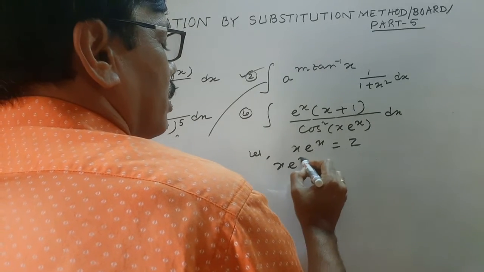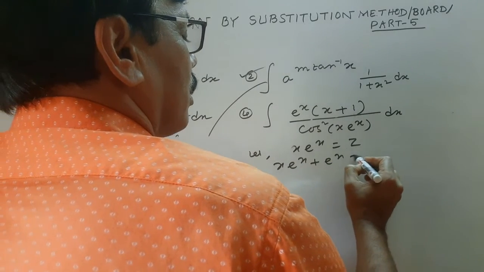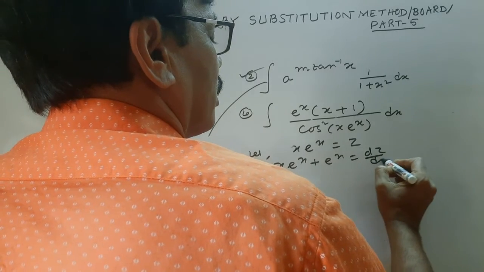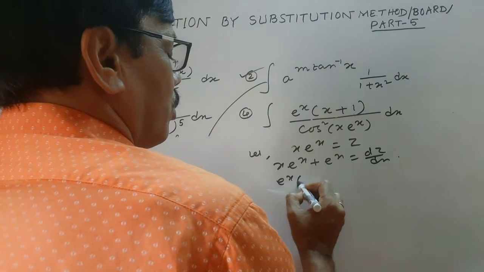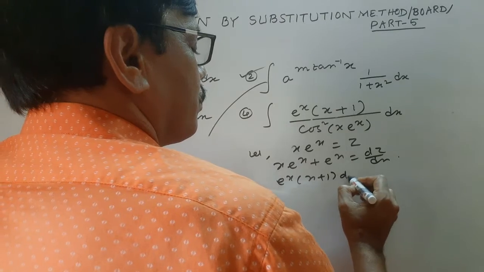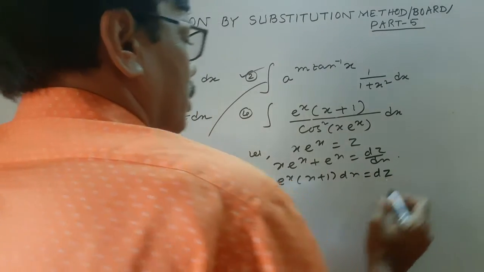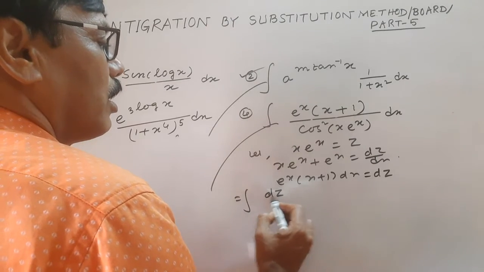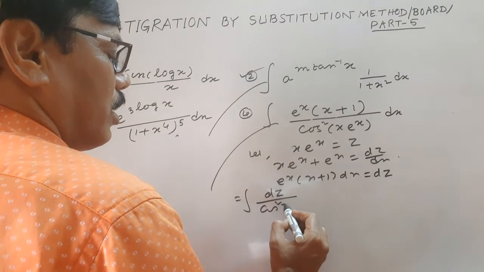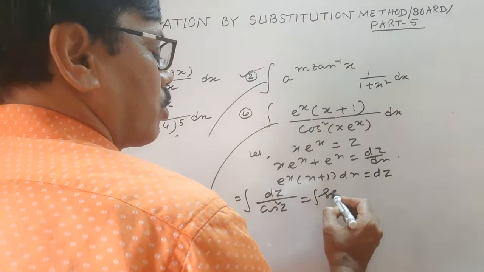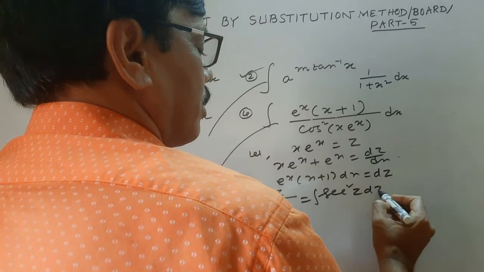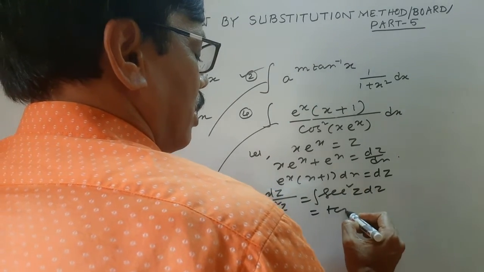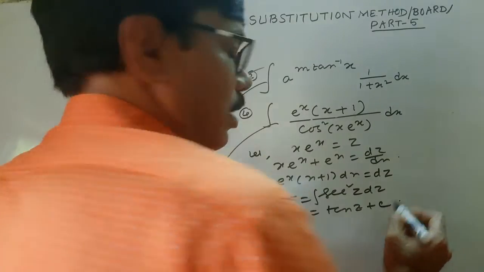Now differentiating, dz dx. So e to the power x common, dz. So dz by cos square z, that is sec square z dz. So this is tan z plus c.